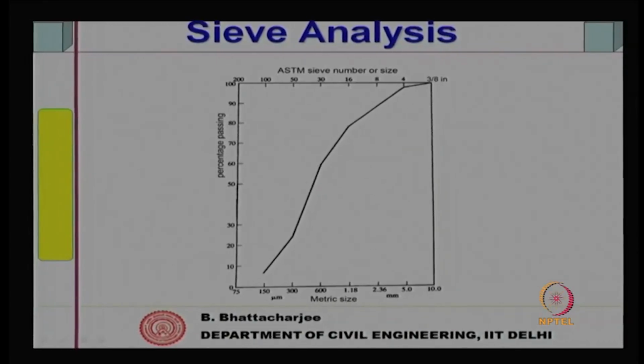This is the sieve analysis or grading curve for 10 mm MSA aggregate. Similar things you can plot for 20 and 40 mm also, and this is in ASTM sieve number or size in inches: 3/8 inch, then number 4, number 8, number 100, number 200 sieve. This is normally the standard; most standards use this.